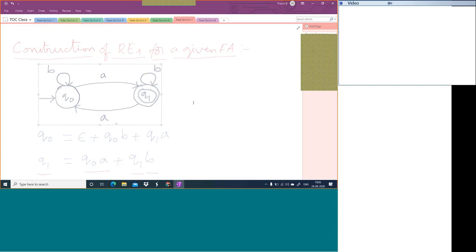Star AB star. No, boss. In general, words tell me. What kind of string this machine will accept?